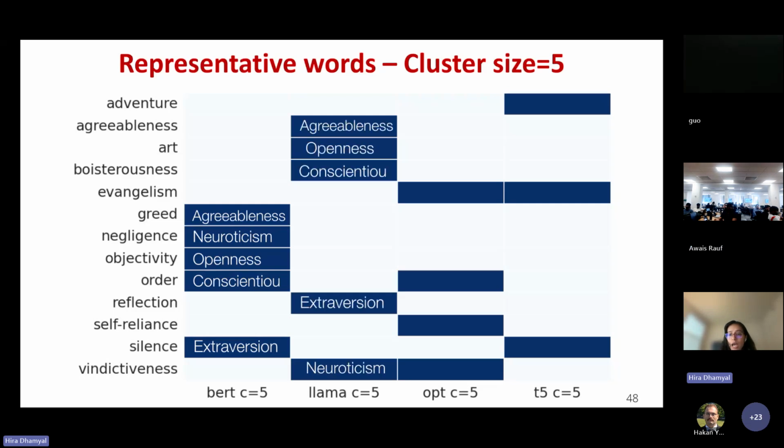Llama also does the same. OPT and T5 are slightly different because the representative word occurs multiple times, so you see fewer highlights there. T5 picks on just the extroversion trait, but this is a pretty interesting finding for BERT and for Llama.